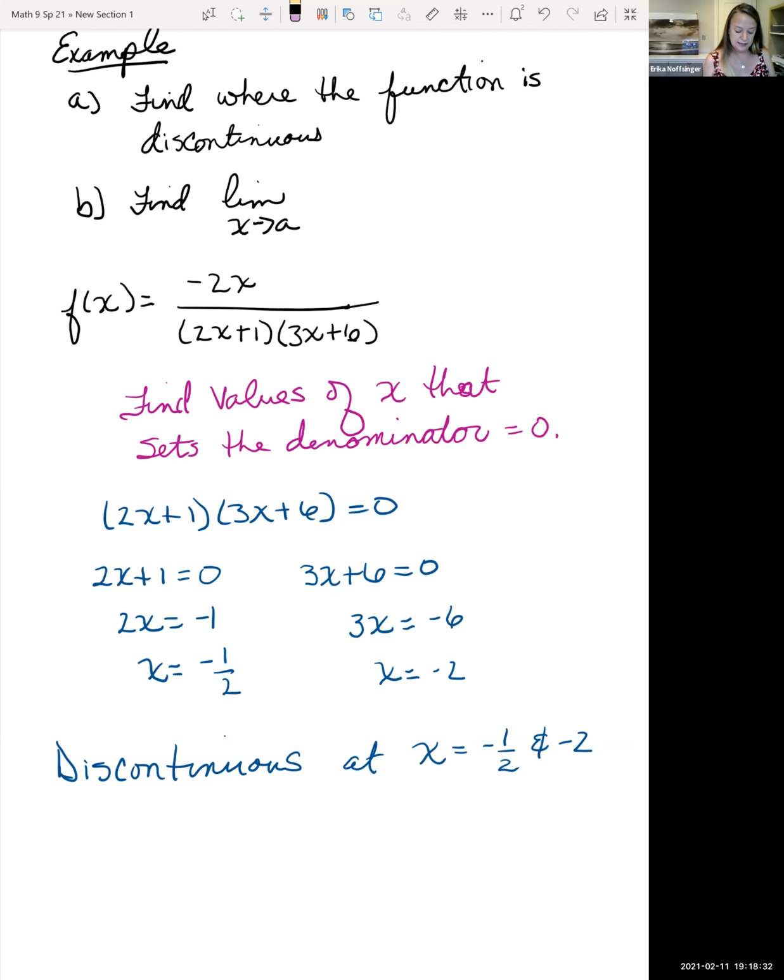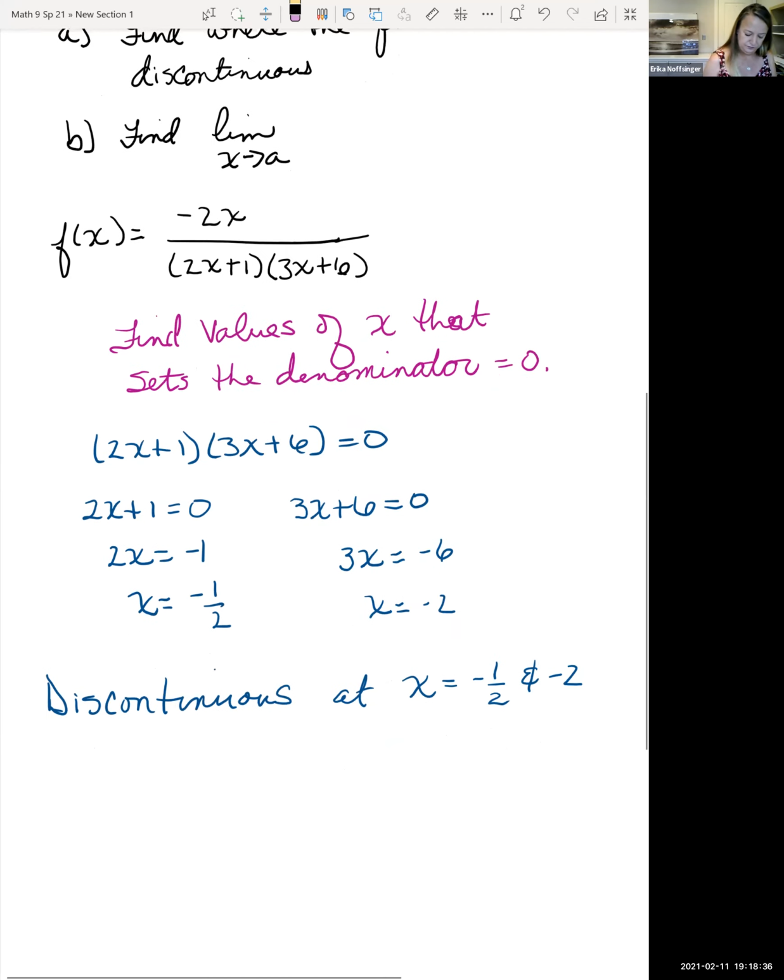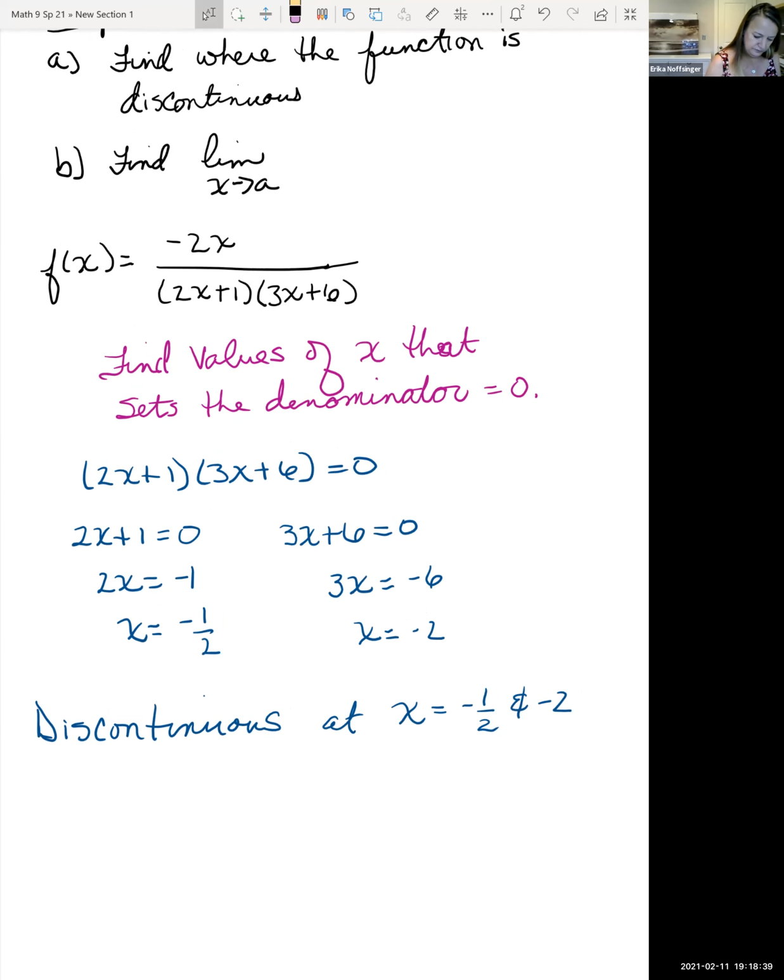So we want to look at the limit as x is approaching those values.